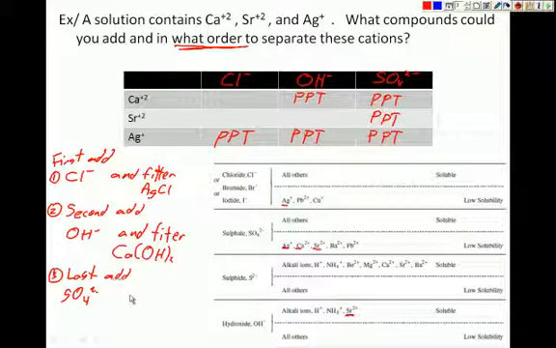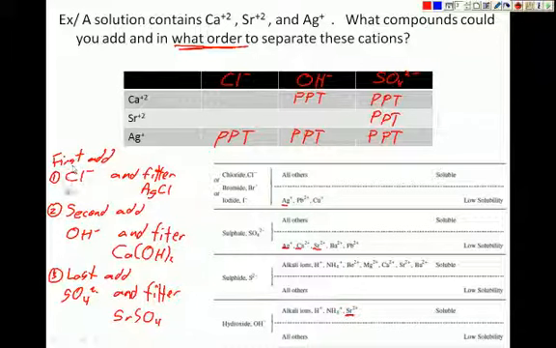And what we would see in the filter is SrSO4. Okay, so first add this, then this, then this, and there are multiple answers you can give.